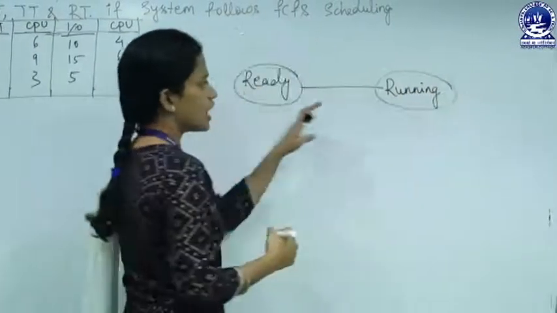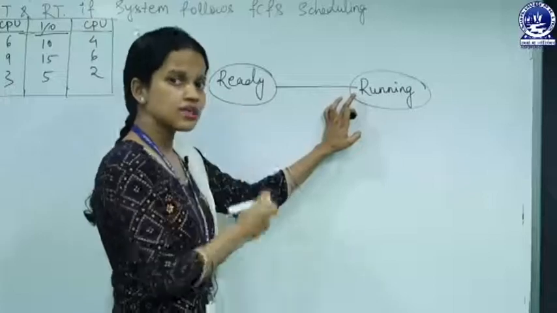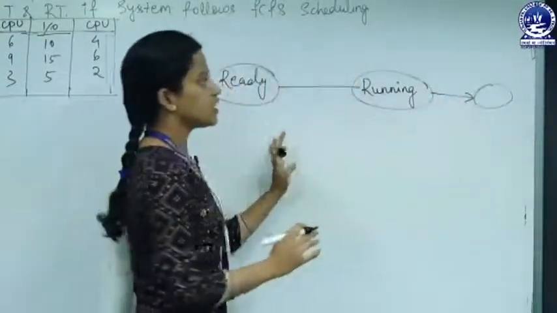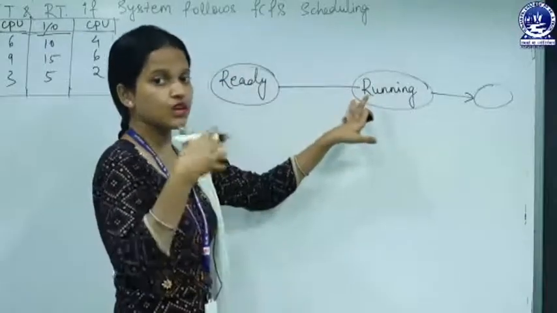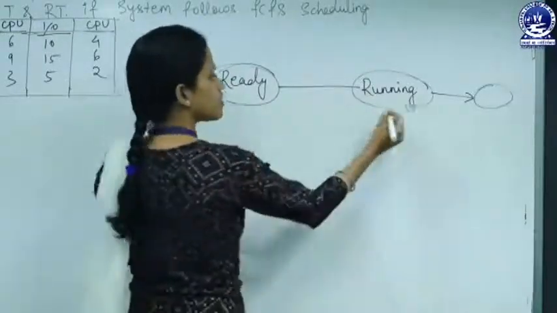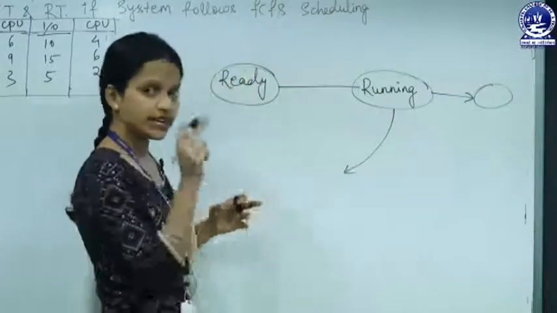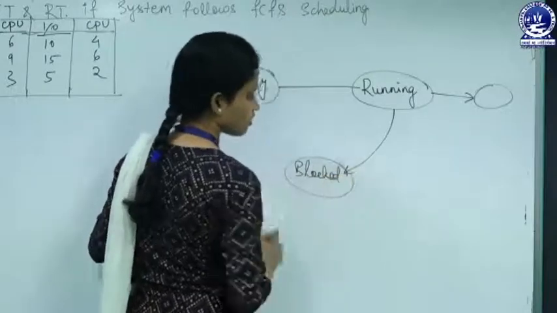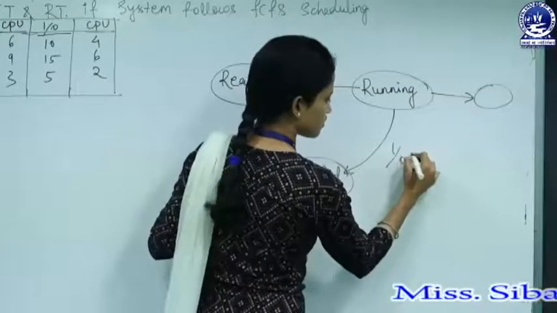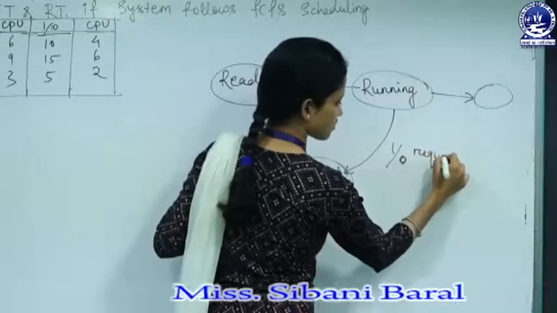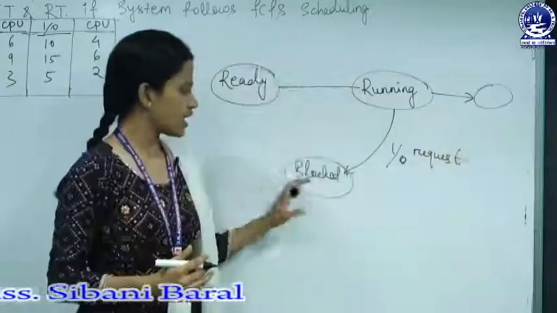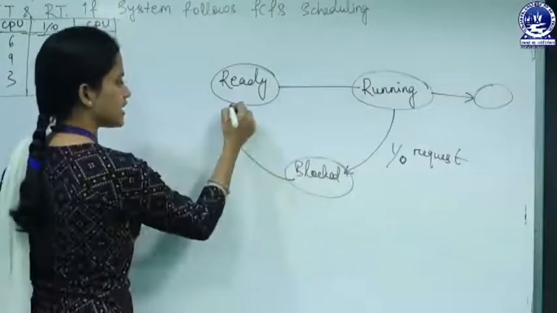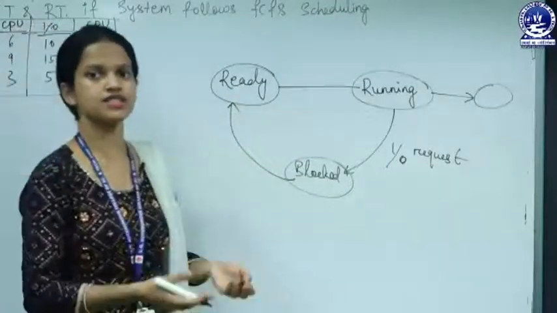After its termination, it will simply terminate, or during its execution, if it requires some IO operation, only then can it go to the block state. And after completing its IO request, it will go to the ready state to resume its execution.